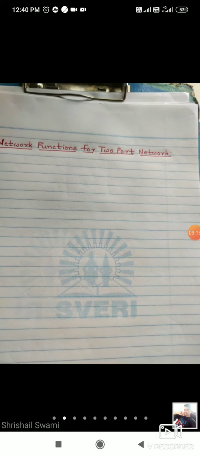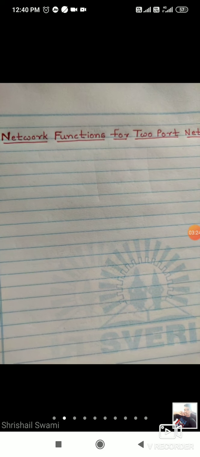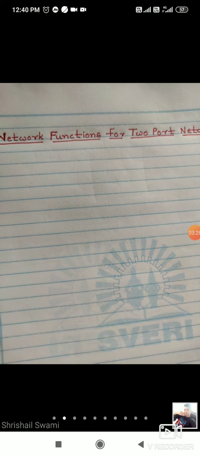Now we start the next point, the driving point function for a two port network. Yesterday I told you how many network functions are possible: a total of 12.